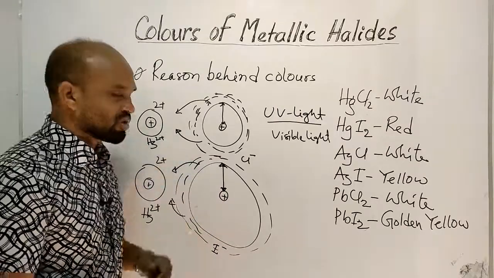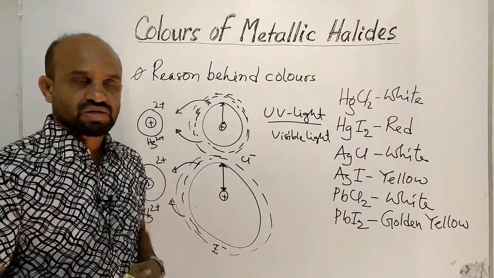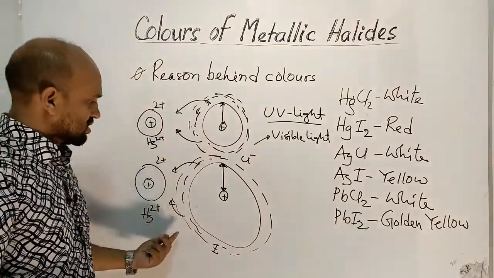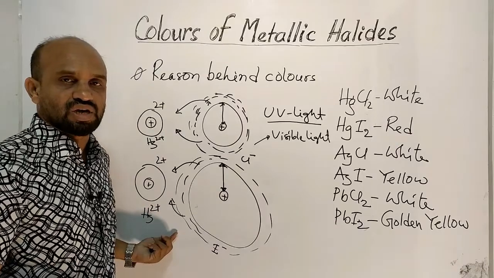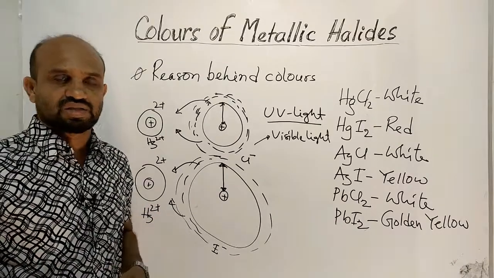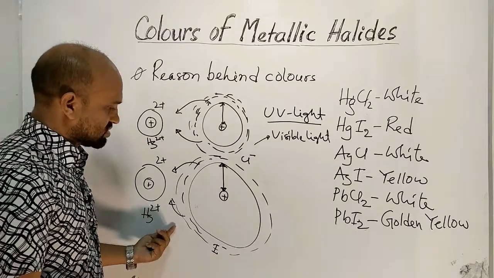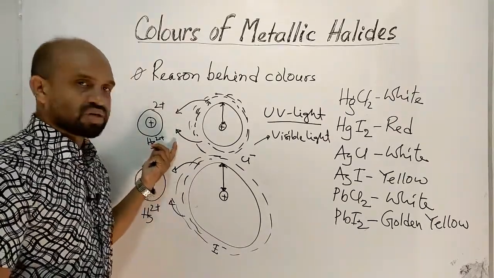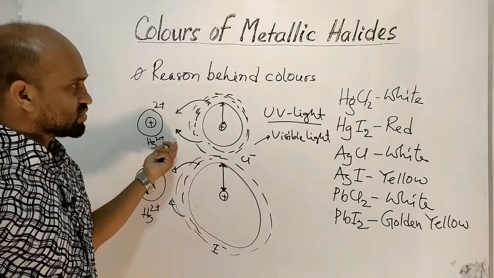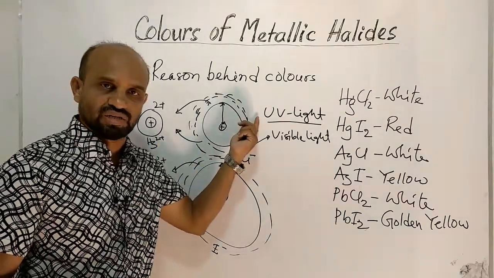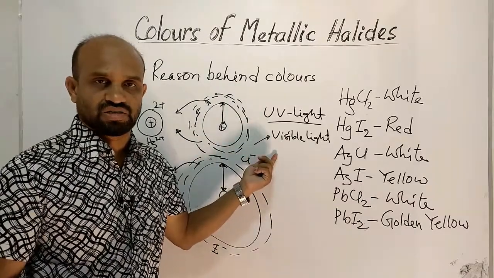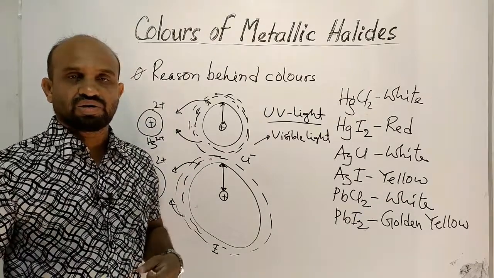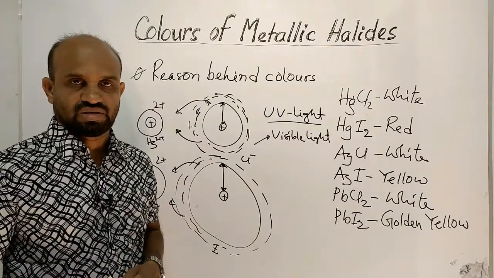So this less amount of energy is taken from the visible light, and the complementary color of the absorbed light is seen. That is why mercuric iodide is red in color, but mercuric chloride absorbs radiation from UV light, not from visible light. That is why this is white in color or basically colorless.